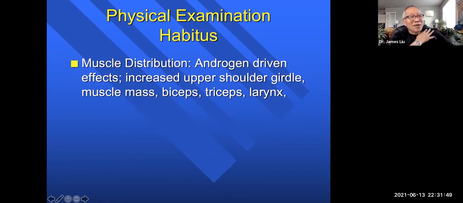Many women in their dress will have what we call shoulder pads to make the shoulders a little bit less rounded to look better. Obviously, there is increase in muscle mass, especially if you can see the arms and the biceps, triceps, and obviously in women that are virilized, some increase in the larynx that is visible.